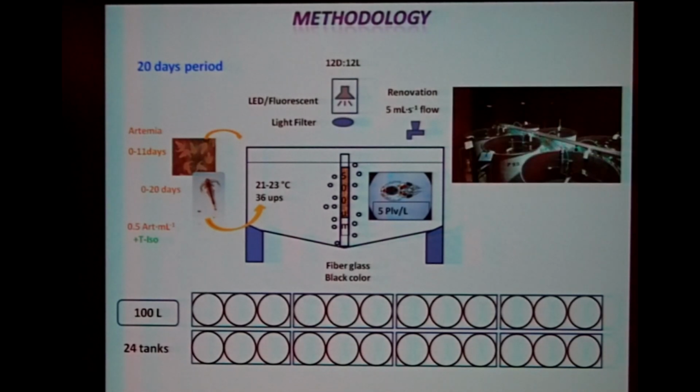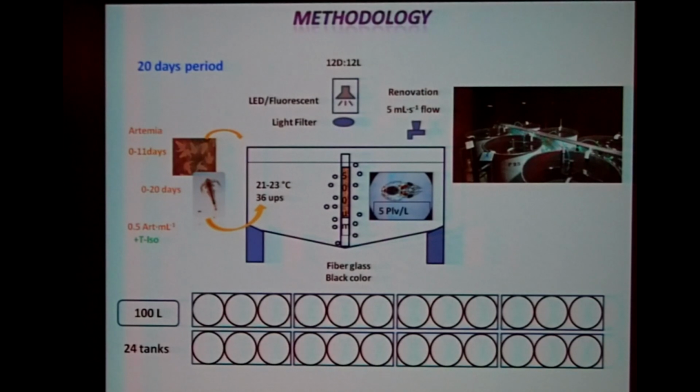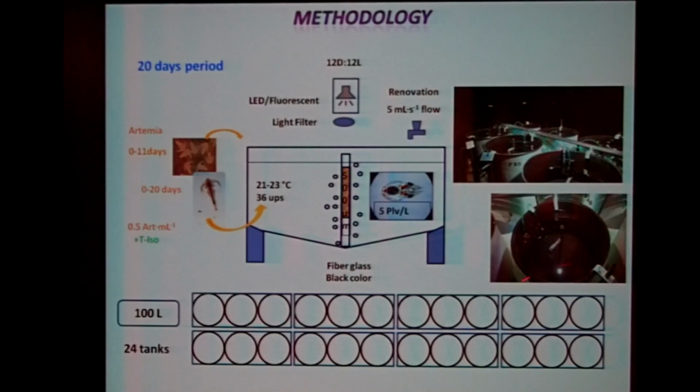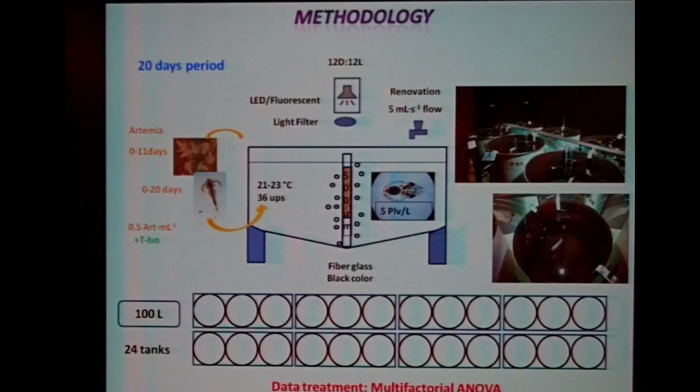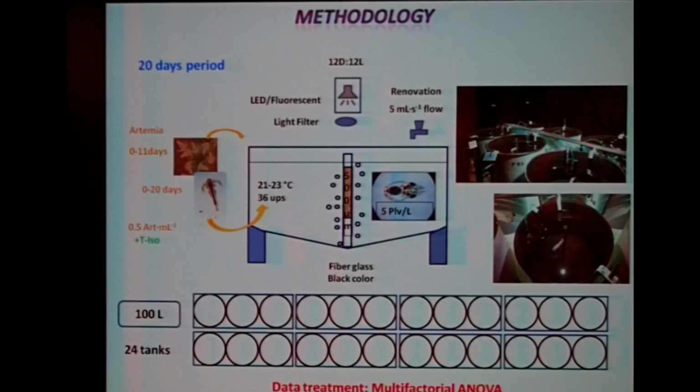You can see here a picture of these tanks, all with the same conditions, using this kind of filter, 500 micrometers. And the data treatment was with a multifactorial ANOVA.